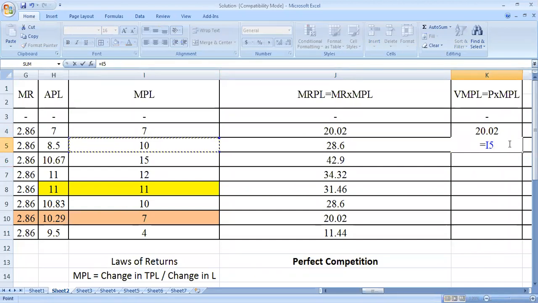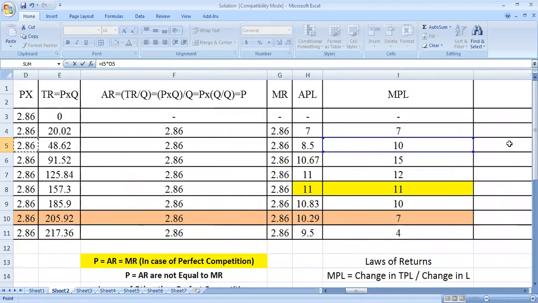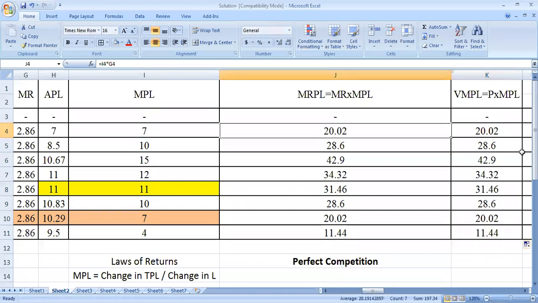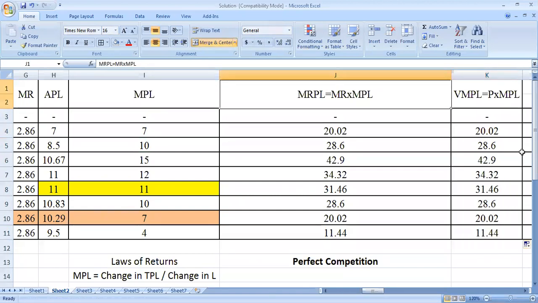MPL equals 10, multiplied by 2.86, it should be 28.6. Let's drag it down for you guys. Remember my words: in case of perfect competition, MRPL and VMPL are equal to each other. MRPL and VMPL are equal only in case of perfect competition.